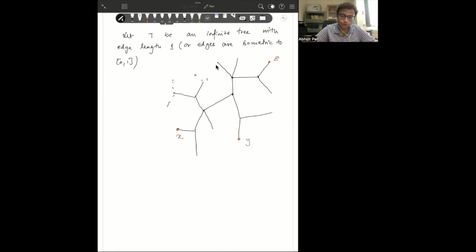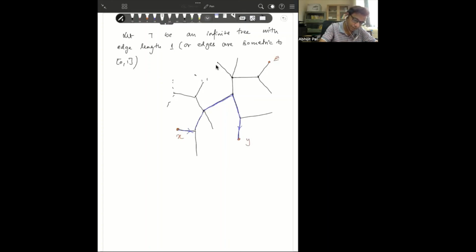What will be the geodesic joining x and y? This blue one will be the geodesic joining x and y. And what will be the geodesic joining x and z?